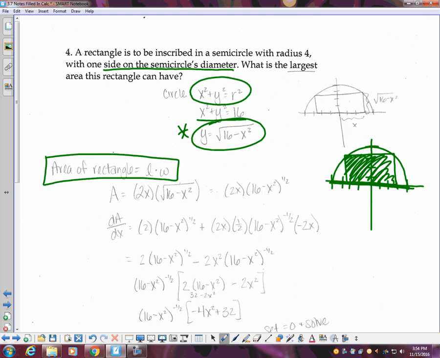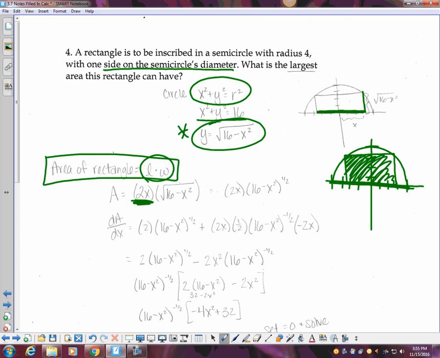The problem with this is I have two variables in here, and I need to get it all in terms of one variable. So let's look at this rectangle I've drawn up here in pencil. Length and width. This is my length, and this is my width. This distance is going to be some x. I don't know what it is, but it's on the x-axis, so it's going to be an x. So the length of this rectangle is going to be 2 of those, because it's centered on the origin. So 2x.